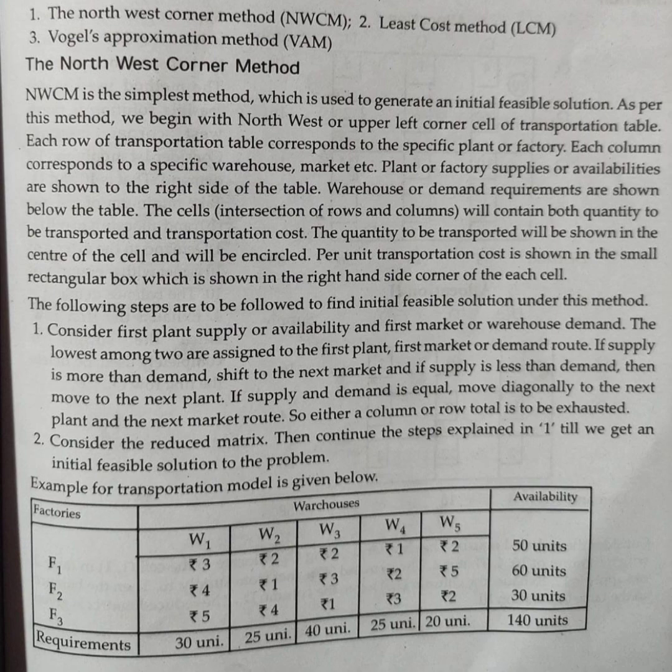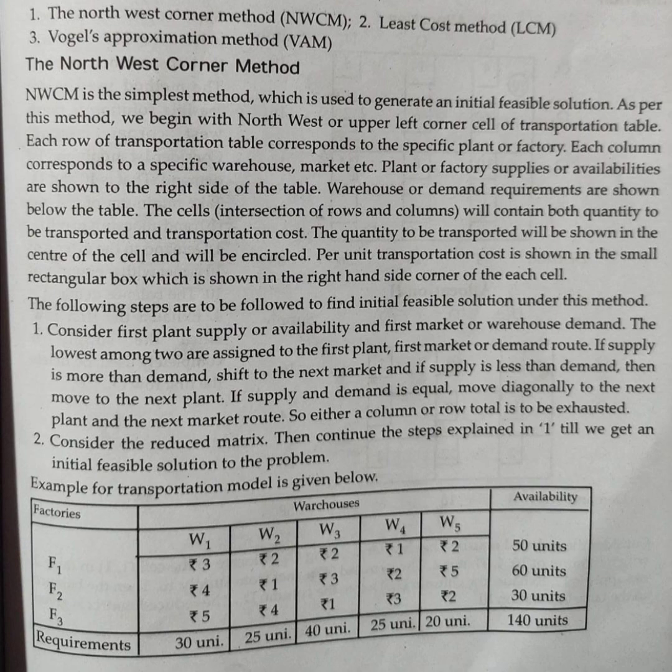Per unit transportation cost is shown in the small rectangular box in the right hand corner of each cell. In NWCM, we start at the northwest or upper left corner cell of the transportation table, and the cells will contain both quantity to be transported and transportation cost.